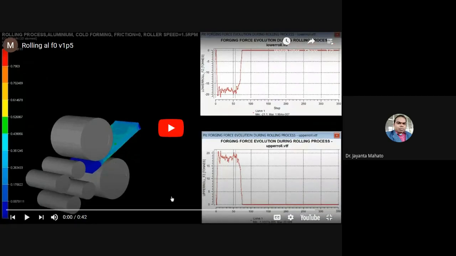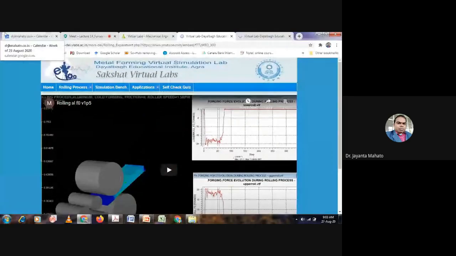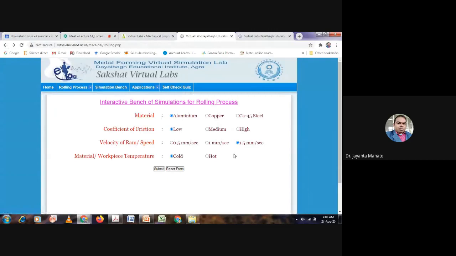So by increasing the velocity, the required force is less.